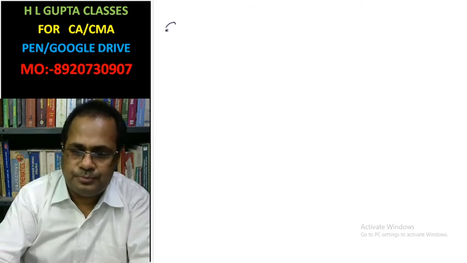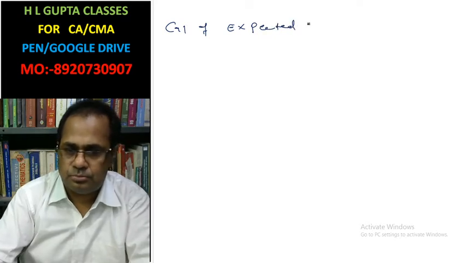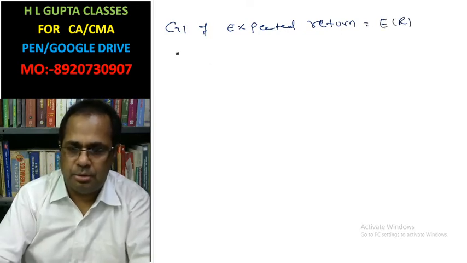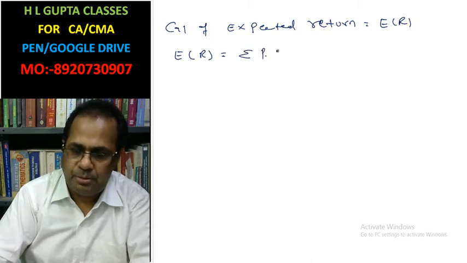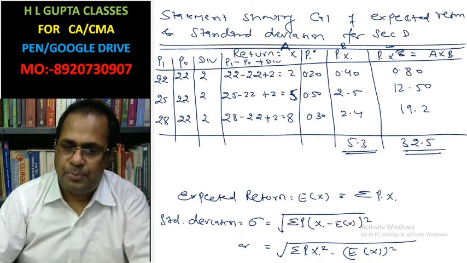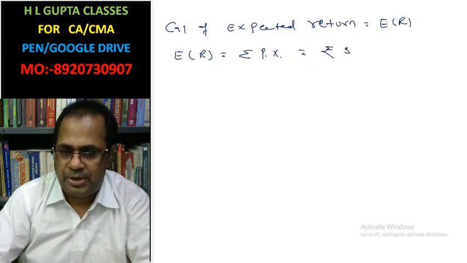Now, calculation of expected return. Expected return equals summation PI XI. This is given here, 5.3 rupees.